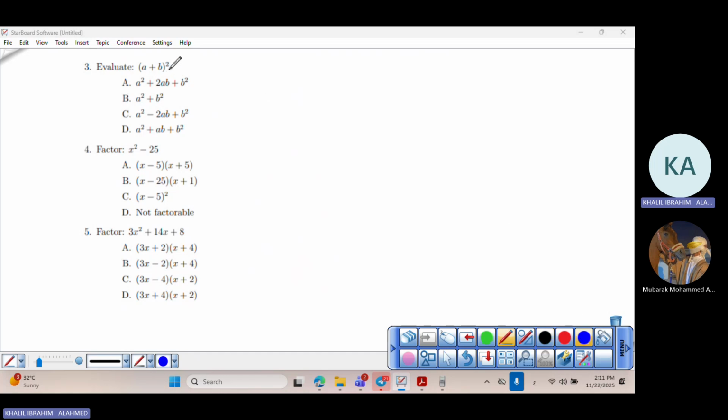This is the quadratic identity formula. (a plus b) squared equals a squared plus 2ab plus b squared. It's easy. Which one is right? A.